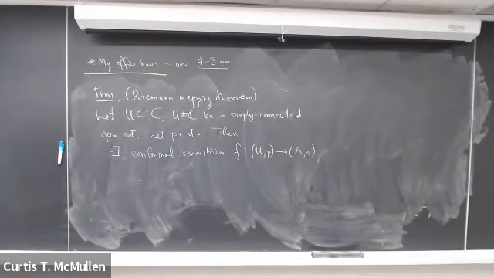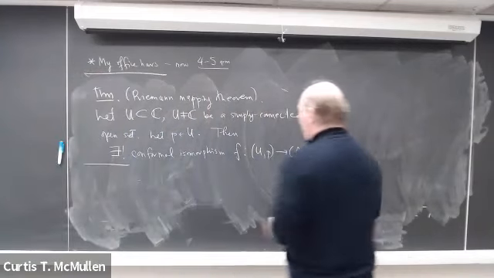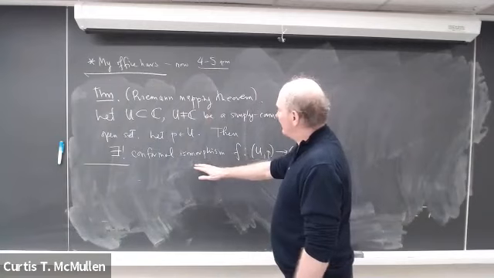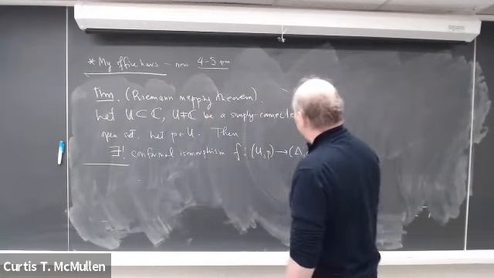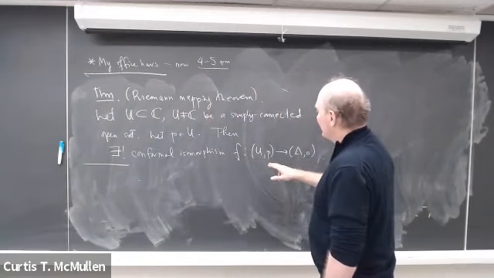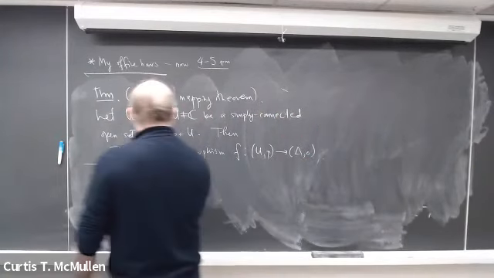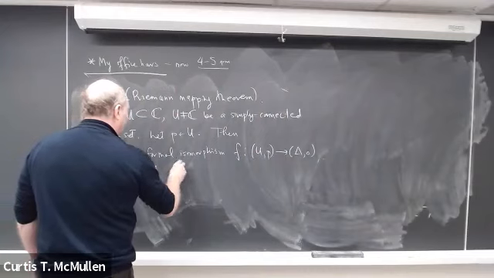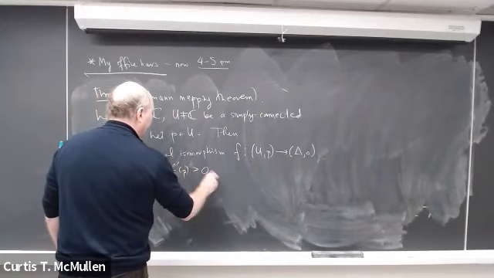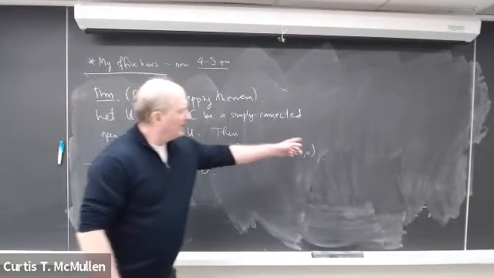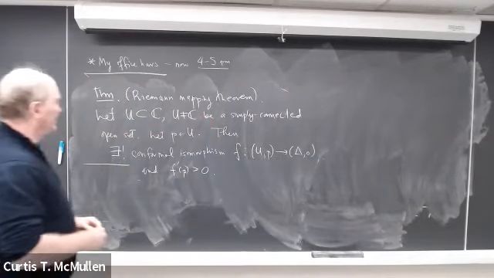That's it. So all simply connected regions are isomorphic to the disk, and just as the icing on the cake, the isomorphism to the disk can be chosen to send any point in the region to the origin, and even arranged so that f prime of P is positive. That f prime of P being positive just takes care of composing with a rotation.